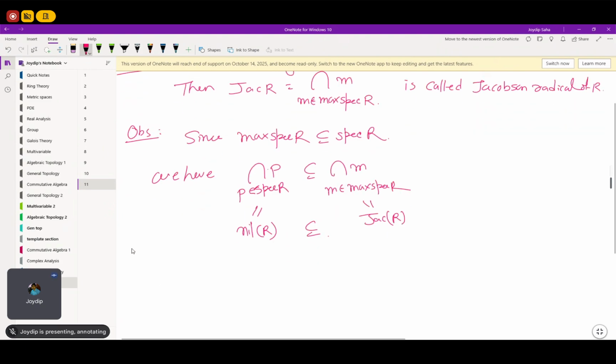Next observation, let R be a ring. Ring means here always commutative ring with identity. There is no other ring. Let R be a ring.